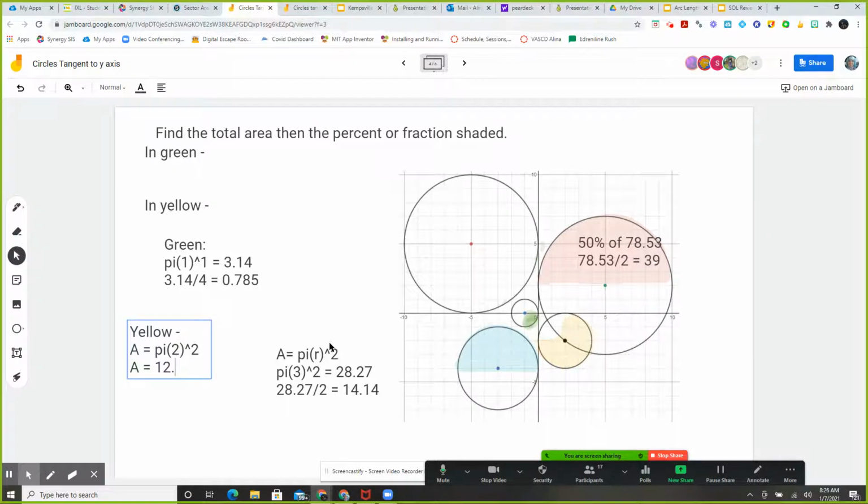Sometimes you do these so much and you just memorize them. So the whole area of the yellow pizza is 12.56. And what part do we care about? What fraction? This time we want 3/4 of it, right? So we want to multiply it by 3/4. What is 12.56 times 3/4?